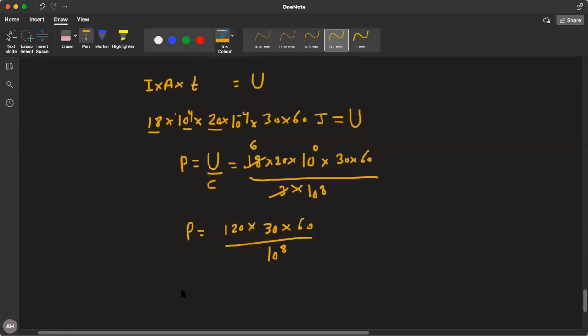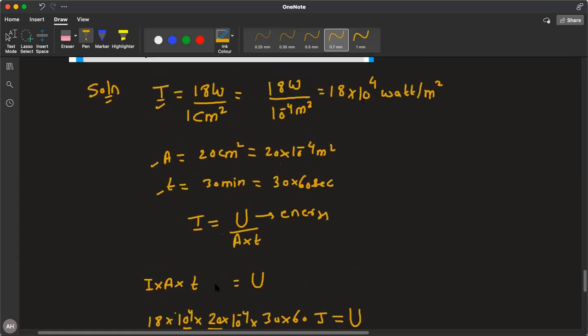So once you have momentum, you can calculate force. What's the expression for force exerted by EM wave? Just check your notes.